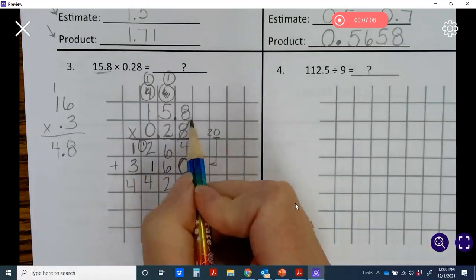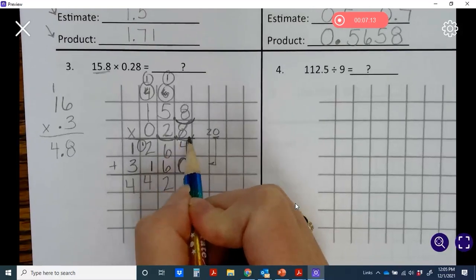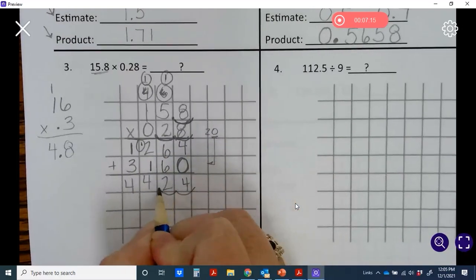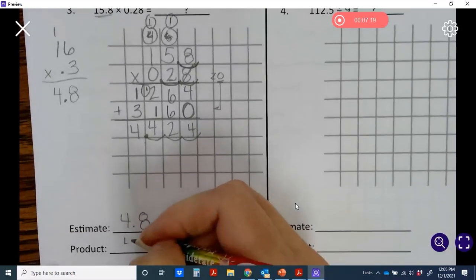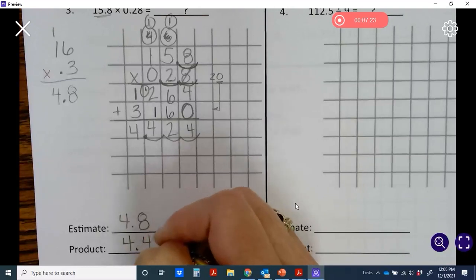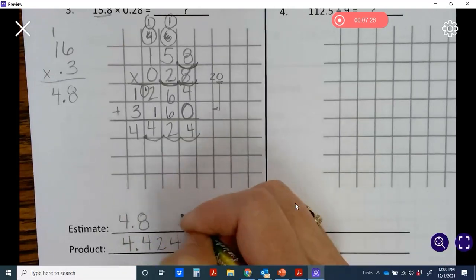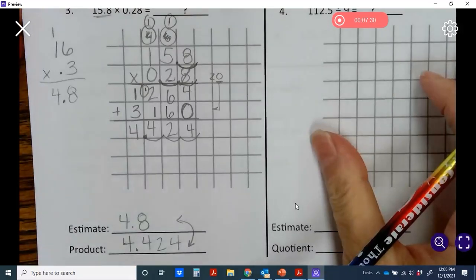Okay, and I have 1 decimal in my problem here, 2 here, for a total of 3, 1, 2, 3. Okay, so we have 4.424, which is very close to what we had before, so that's good. All right.